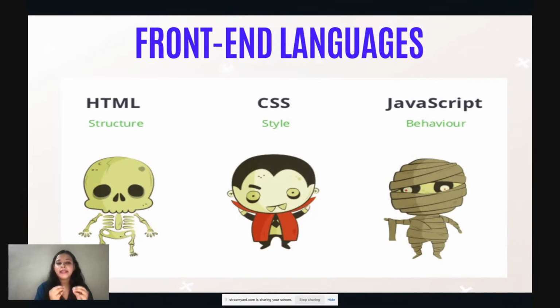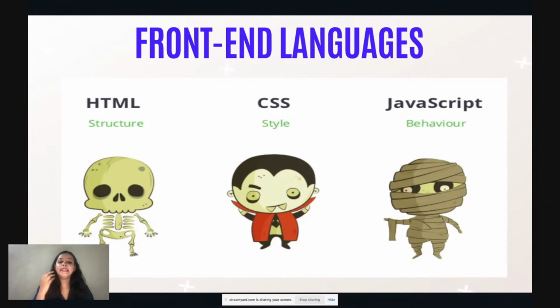HTML, hypertext markup language, forms the structure of our website. Okay, and it helps us to create the skeletal system of our website. Cool. But as we know, just the skeleton system or just the structure of the website is not enough, because user won't use that website because it will not look good. It will not look visually appealing, right?